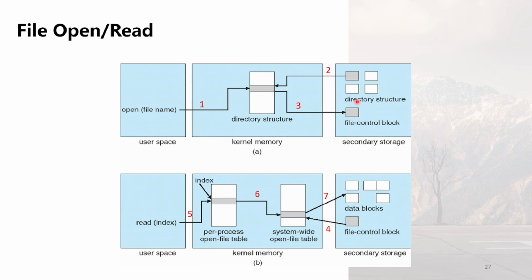In this slide, we use common operations like file open and file read to give everyone an example to enhance understanding. When we want to open a file, we first have to check the directory structure to see if this file exists.